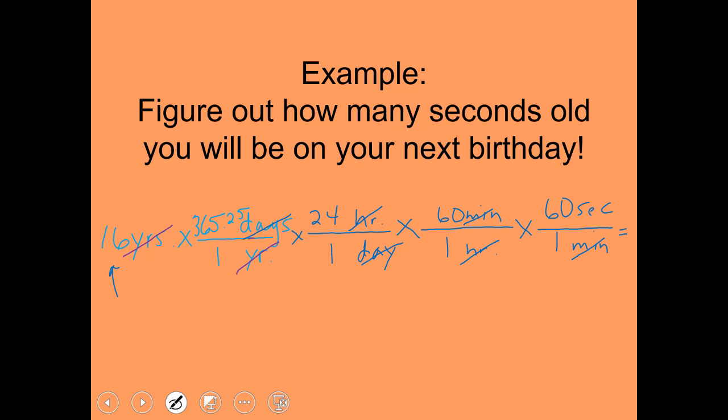Multiply that by 24, multiply by 60, multiply by 60, and you should get this number. On your 16th birthday, you are 504,921,600 seconds old. So not quite to a billion, but over halfway there.